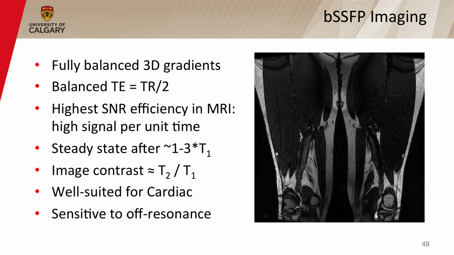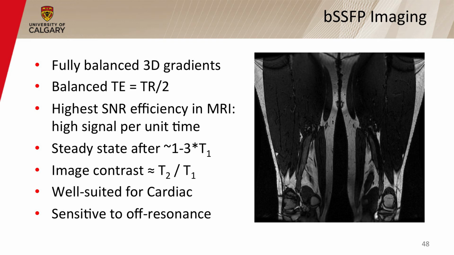Now, we talked about the fact that the difference between gradient echo and spin echo is that you have this T2 versus T2 star weighting, because in spin echo, because everything's always moving at the same rate, you're going to be able to fully refocus anything that gradient echo is going to struggle with.